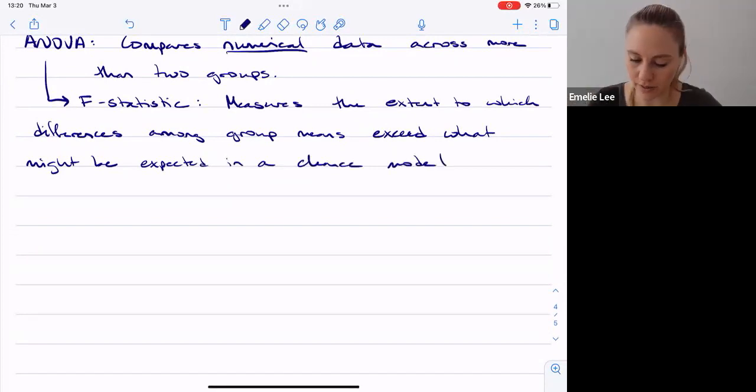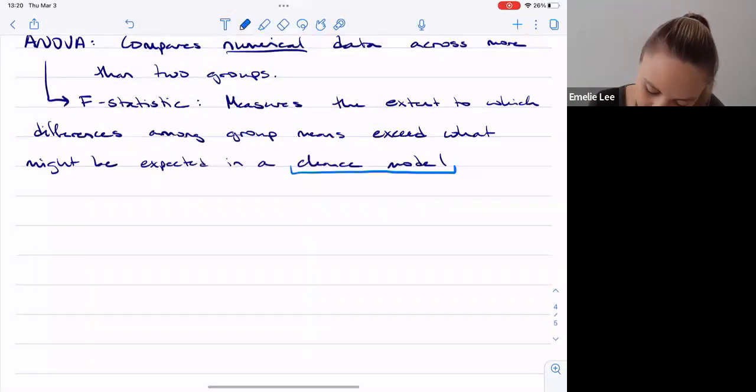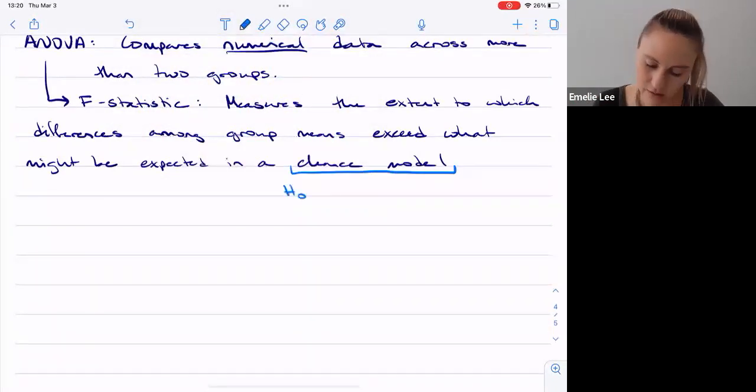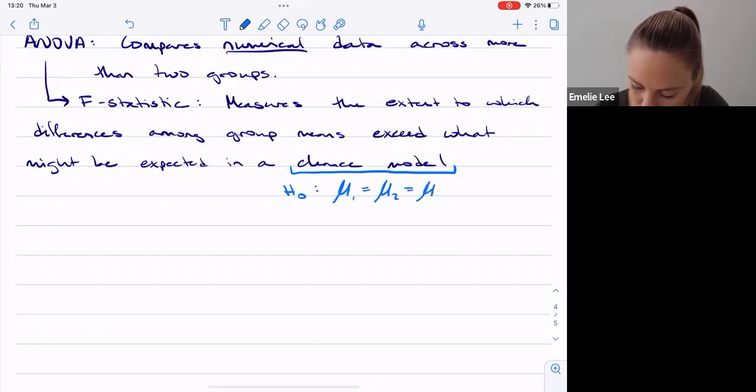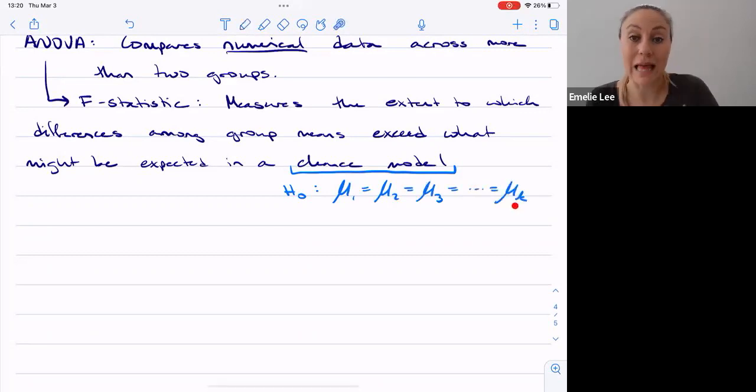So the null hypothesis or the chance model is H naught, which in this case is that mu1 is equal to mu2, which is equal to mu3, which is equal to mu k, right? Allowing for k different groups to be compared.